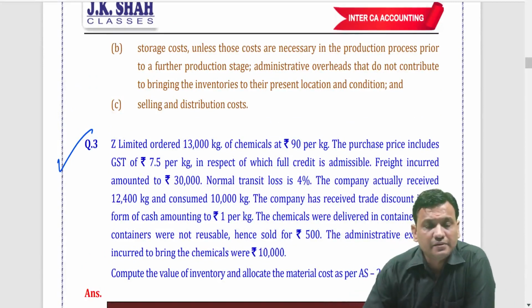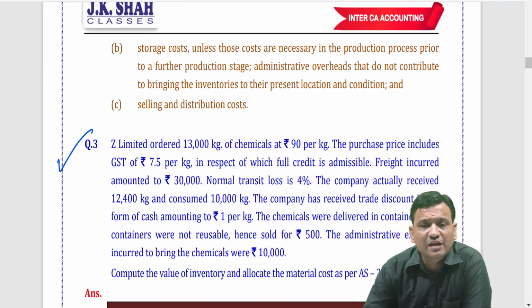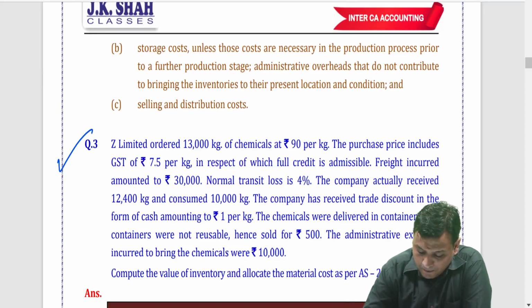Z Limited ordered 13,000 kg of chemical at rupees 90 per kg. The purchase price includes GST of 7.5 per kg, in respect of which full credit is admissible. Freight incurred amounted to 30,000.